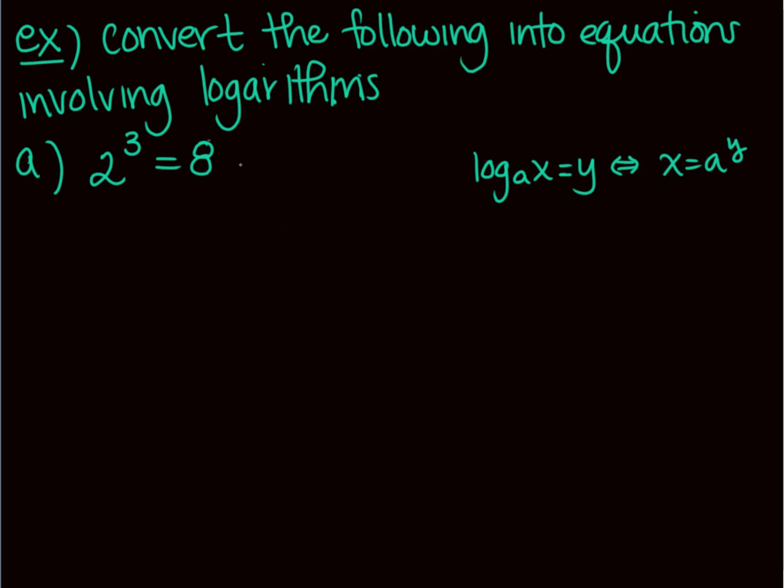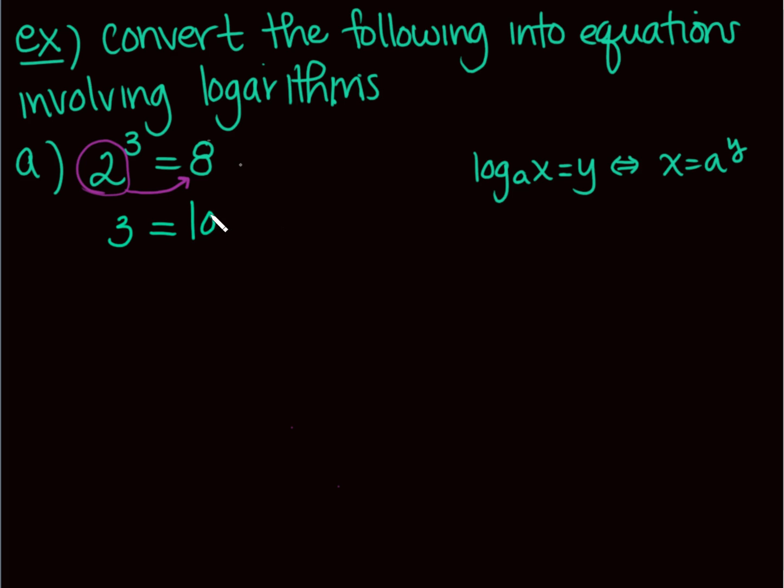So here's how I remember it, and you're welcome to remember it however you want as long as it's mathematically correct. If I want to go from an exponential equation to logarithmic, or from logarithmic to exponential, I want to find the base and move it across the equal sign. So in this case, what is the base? The base in this case is a 2, and I'm going to move it across the equal sign. When it gets moved across the equal sign, it changes to the other thing.